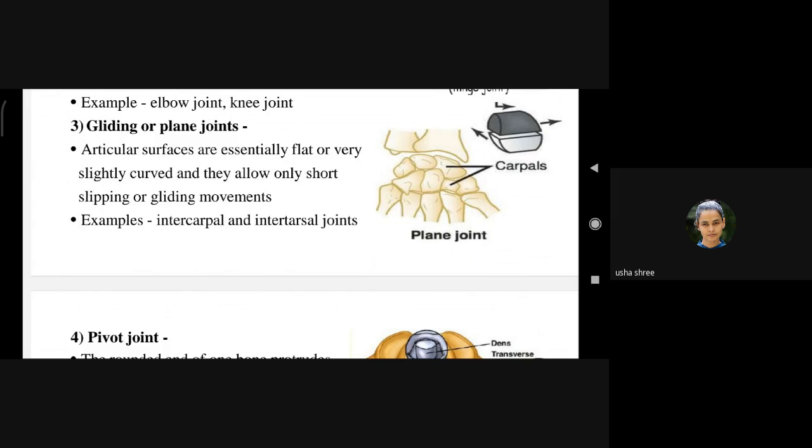Much curvature is not there; the surface is almost flat. We can see this type of movement in our carpals, the wrist. For example, intercarpal and intertarsal joints, meaning in the wrist and ankle too.